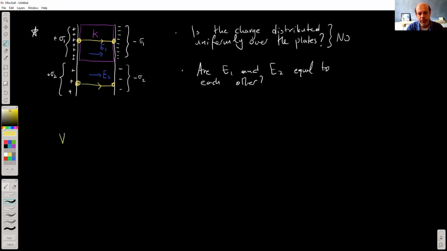That potential difference is equal to E1 times d, but the same potential difference should be equal to E2 times d. So these are the same, and that would imply that E1 is equal to E2. It appears that in that particular case, the electric fields are the same, but the surface charge densities are not, because the geometry is different now.